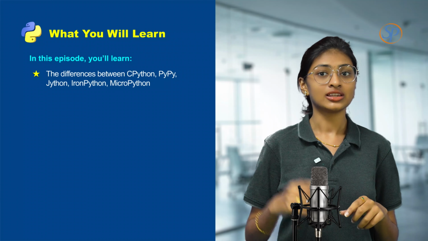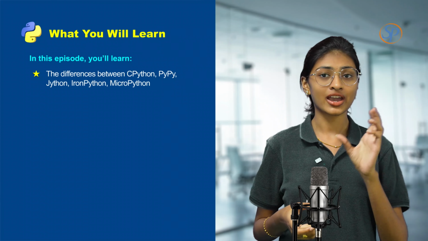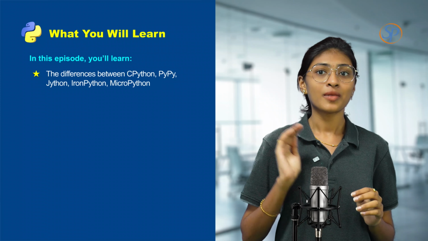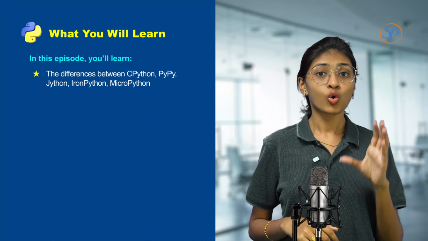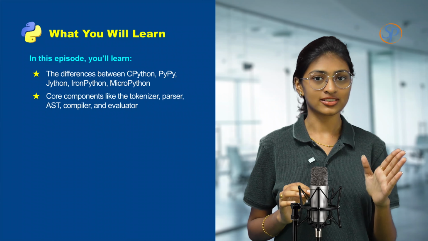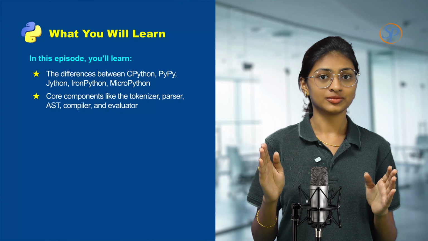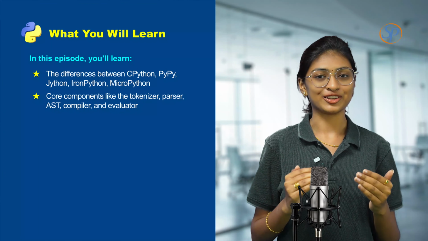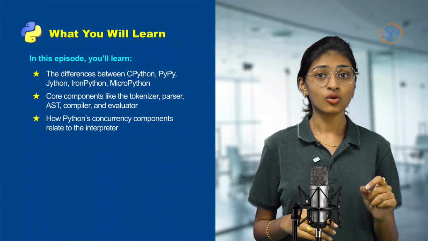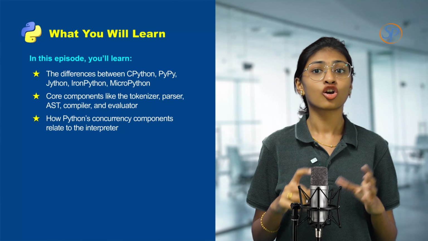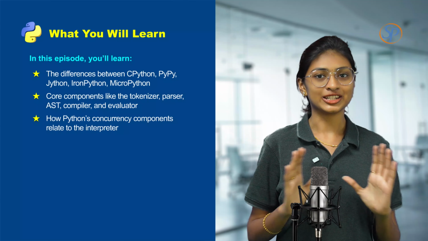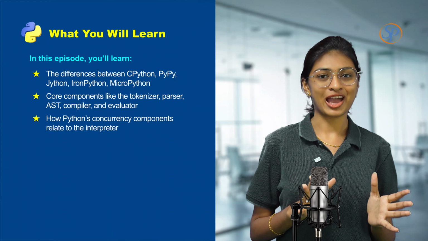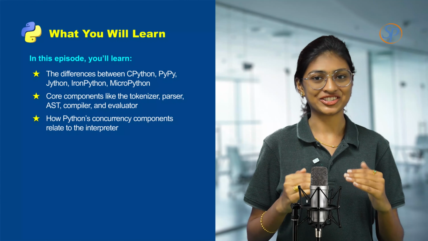The difference between CPython, PyPy, Jython, IronPython, MicroPython. Core components like the Tokenizer, Parser, AST, compiler and evaluator. How Python's concurrency components relate to the interpreter. By the end, Python will no longer be a black box. You'll understand its inner machinery.